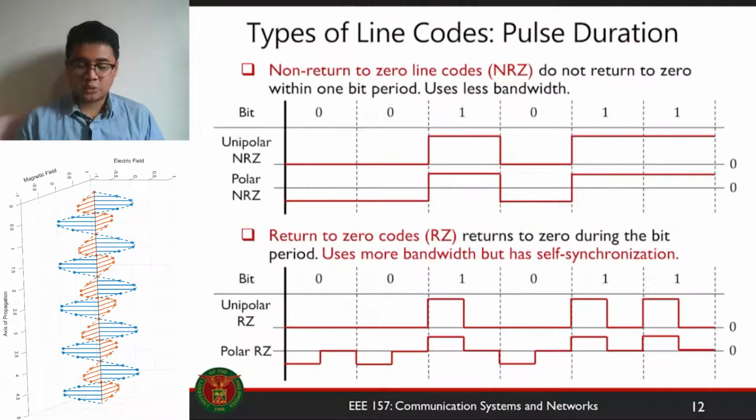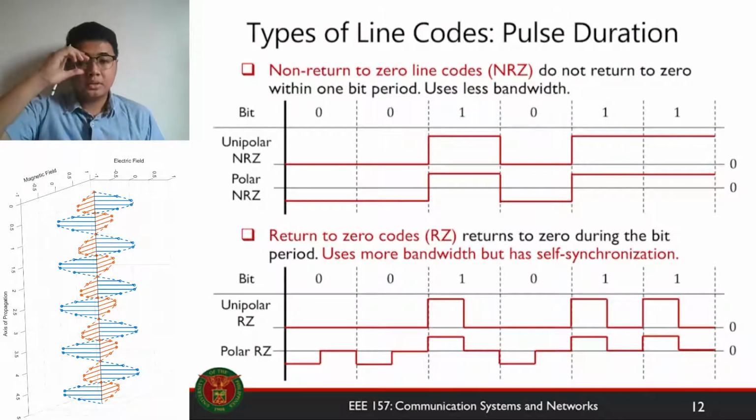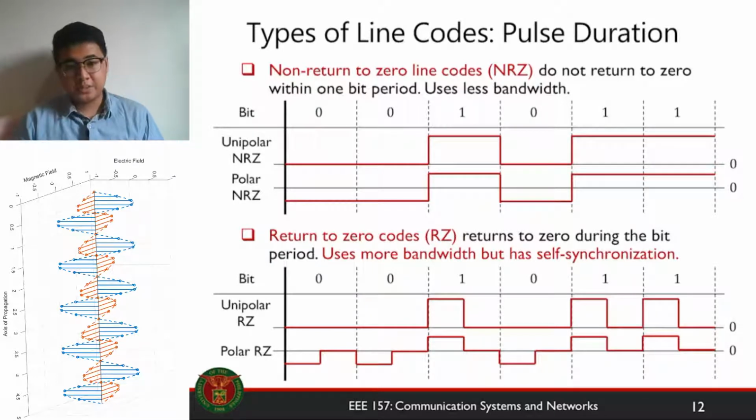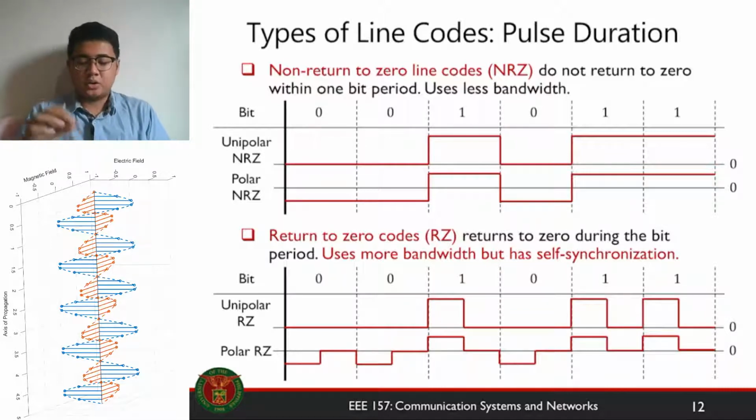And that brings us to our second type of line code in terms of pulse duration. And there is what we call a non-return to zero and a return to zero. Okay? The non-return to zero, basically, your pulse stays at that state depending on the bit. It doesn't return to zero, okay, within one symbol period.